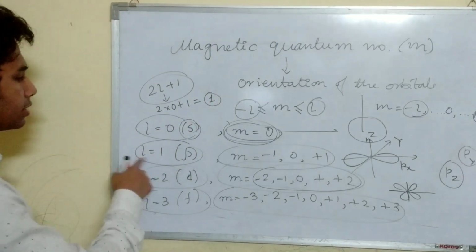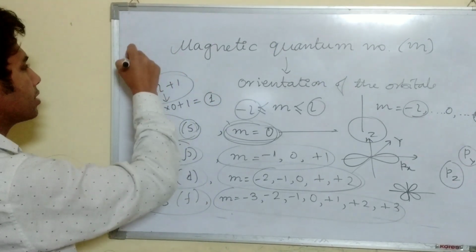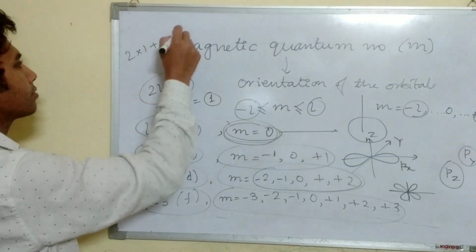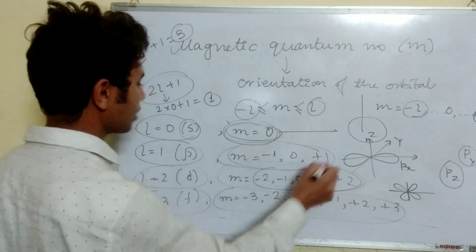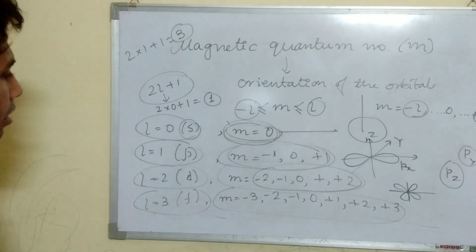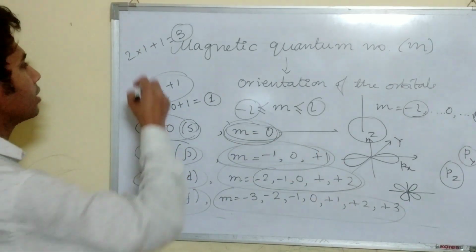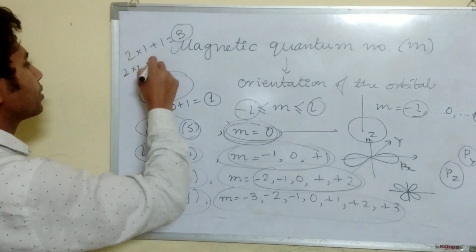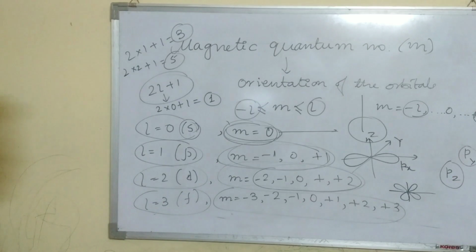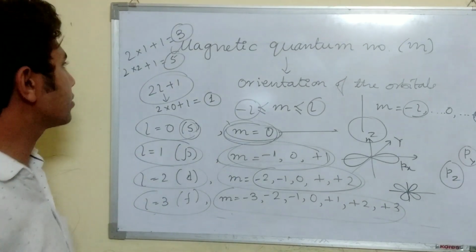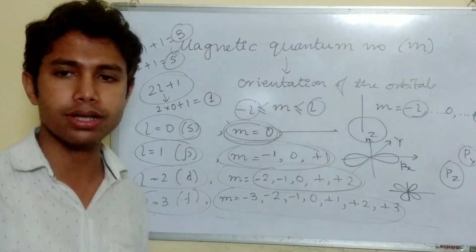If we consider the value of L as 1, then 2 into 1 plus 1 is equal to 3. So 3 orbitals we are getting in case of P subshell. In case of D subshell, similarly, 2 into 2 plus 1 is equal to 5. So 5 orbitals we are getting, means 5 different types of orientations are available in case of D subshell.